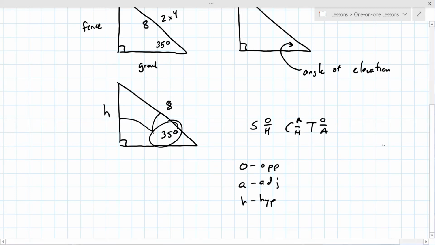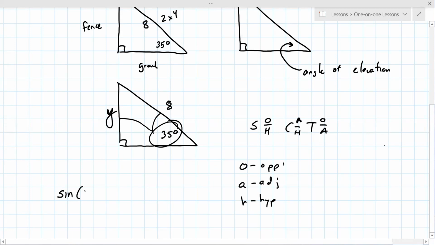In terms of the fence and ground picture. Actually, maybe I shouldn't use this letter. Let me use a y here instead. So y would be the opposite. That's right. 8 would be the hypotenuse. So which of these 3 trig functions uses the opposite and the hypotenuse? Sine.